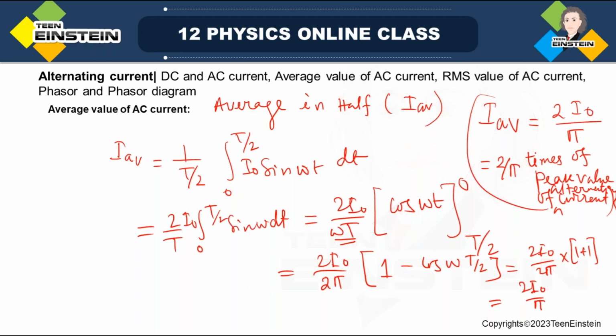So we have got a relation between the average value of current in half cycle and the peak value of the alternating current. The relation is 2I0 by pi.